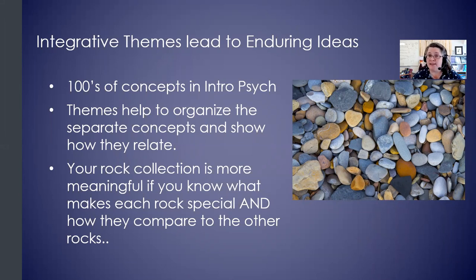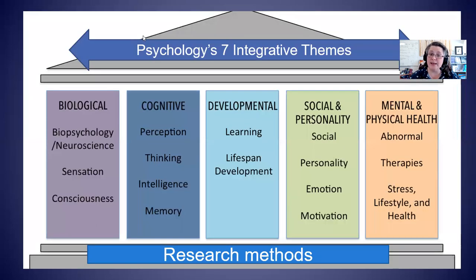And look, some rocks have these elements and some rocks have these elements. Suddenly, you don't have a bucket of rocks. You have a collection. You have a way to organize and connect your knowledge so that each rock is special by itself, but it also has a place within the broader collection. And that's what these themes do.